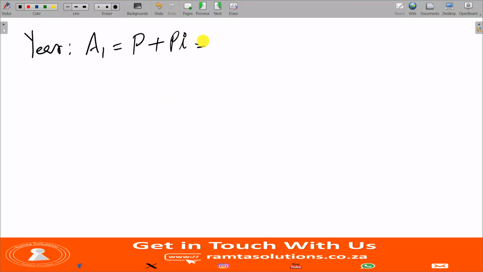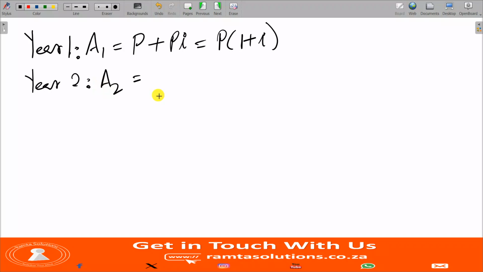If you like, you can say this is P times 1 plus I. For year 2, the accumulated amount or closing balance of year 2 is what you had for year 1, plus again what you had for year 1 gaining interest.